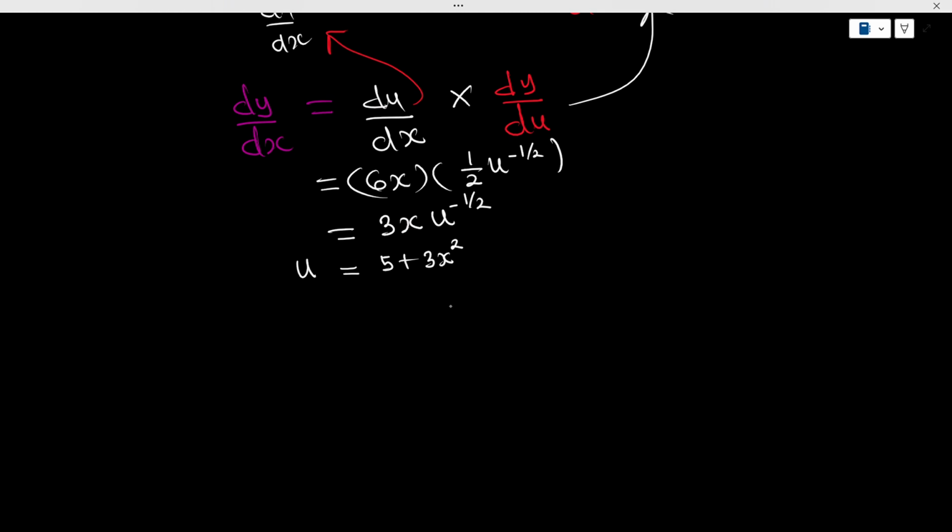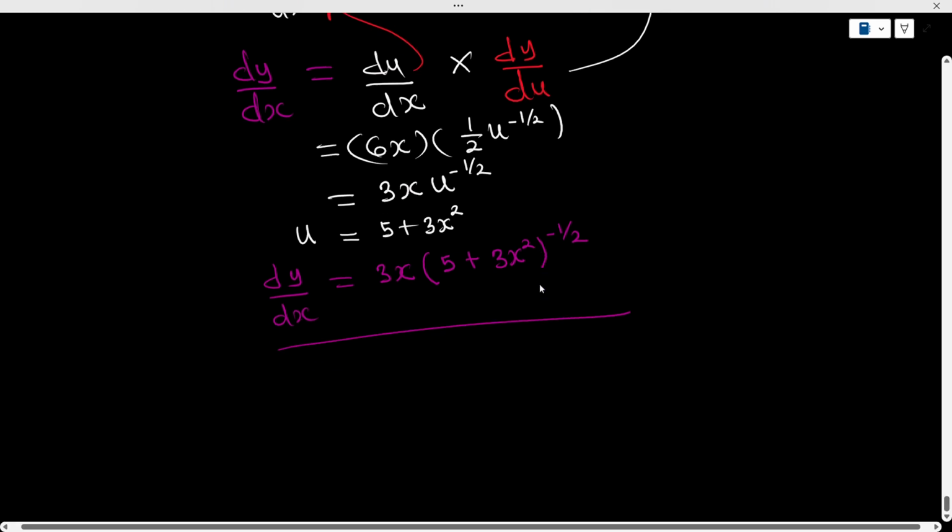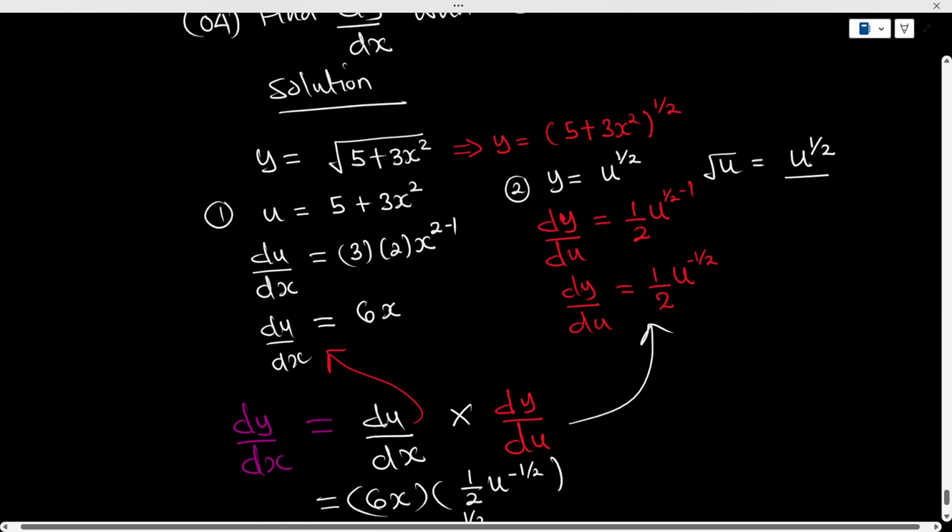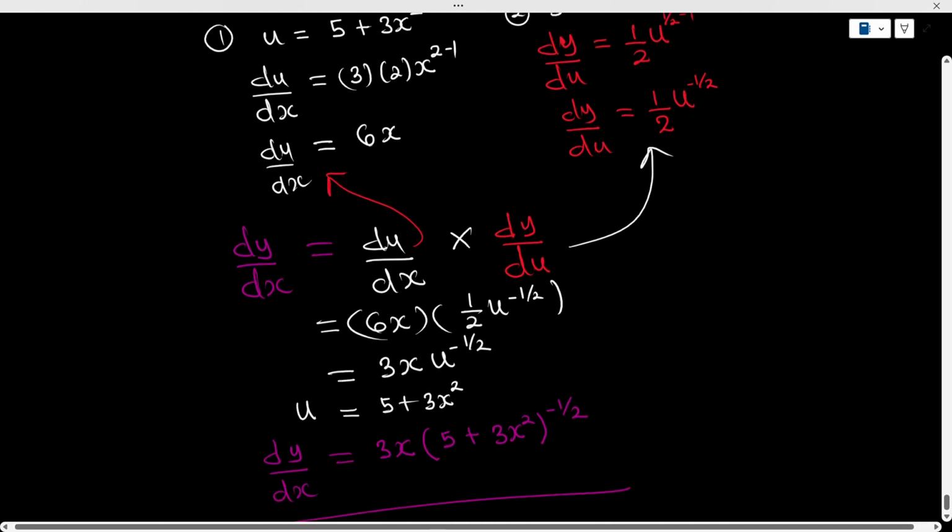So I can say that my dy over dx equals 3x bracket 5 plus 3x squared bracket times negative 1/2. This should be the answer. You can leave it as it is, or you can write it out, but I'm not going to do that.